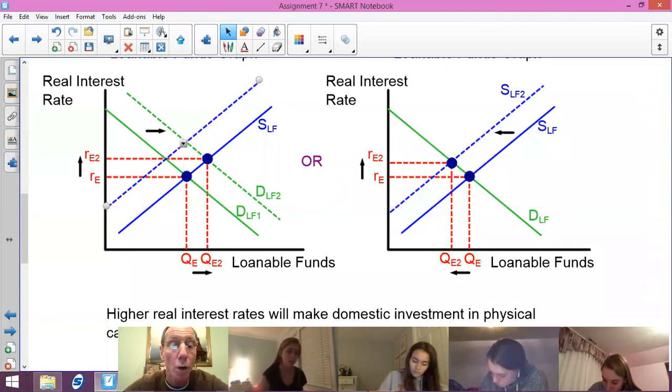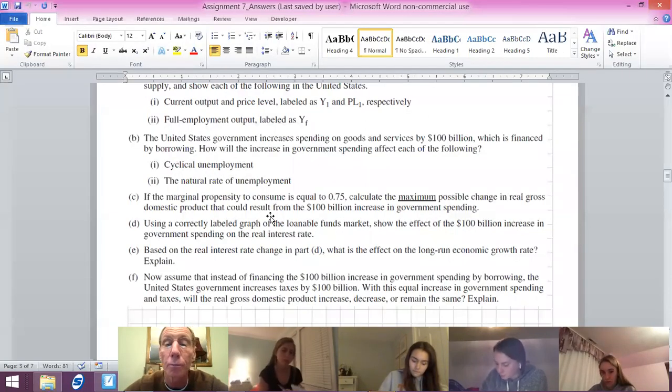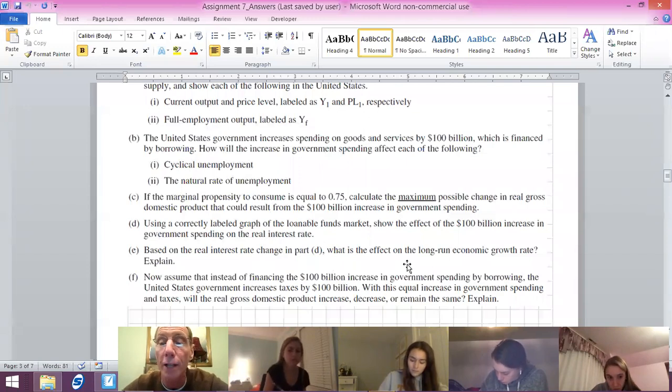Now, the question they're asking is, based on the real interest rate change you just figured out, it's going to go up, it's going to increase, what is the effect on the long run economic growth rate? Explain.